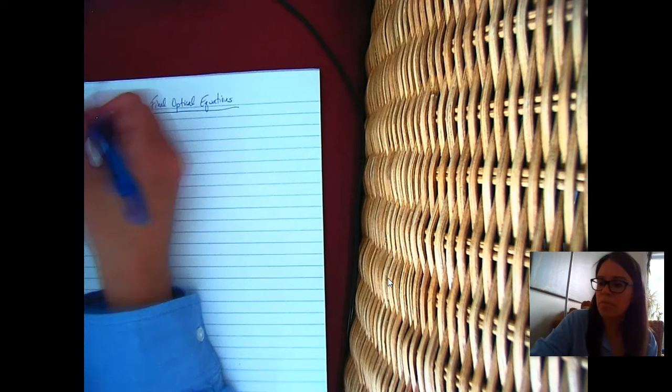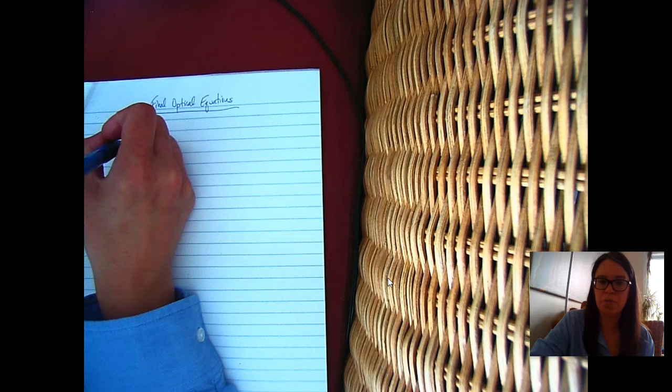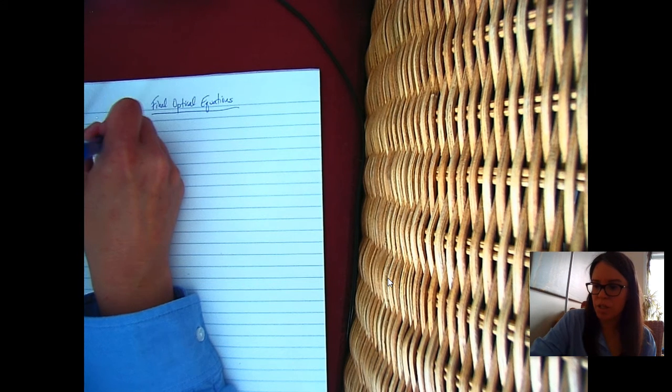So you can not just predict where the focal length of a lens is or how far an image will be from the lens mathematically. You can calculate how much an image has been magnified by. So there's two magnification equations.